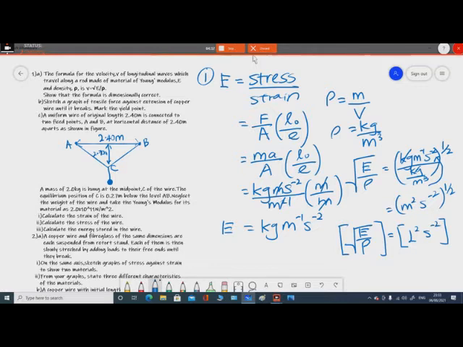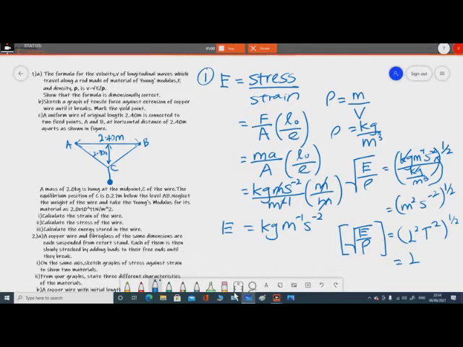Oops, this one shall not be brackets. So this is to the power of half, so this one will be L. Oops, this one should be T, which is the dimension of time.